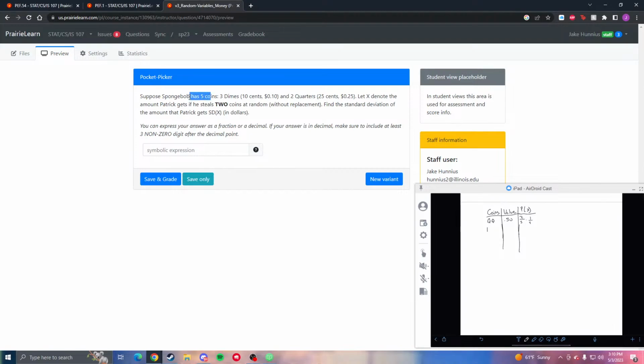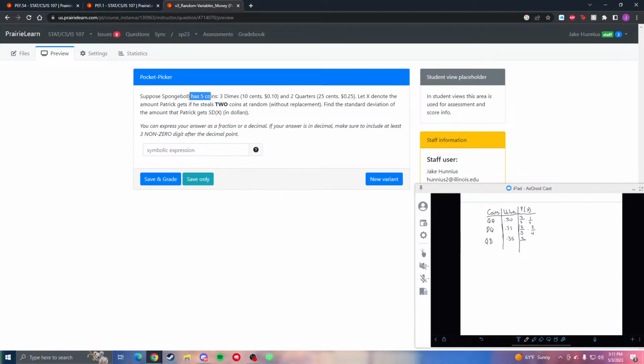Okay. Then there's a dime and a quarter, which has a value of 35 cents, which is, the probability of drawing a dime is 3 out of 5. And the probability of drawing a quarter after that is 2 out of 4. And then there's quarter dime, 0.35.